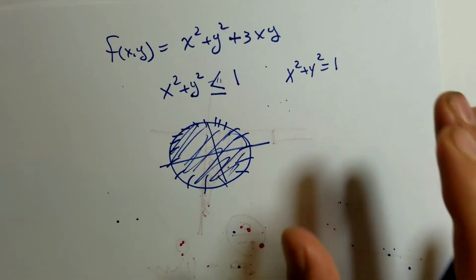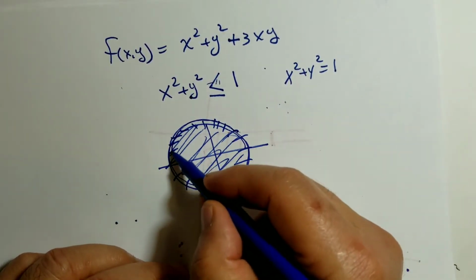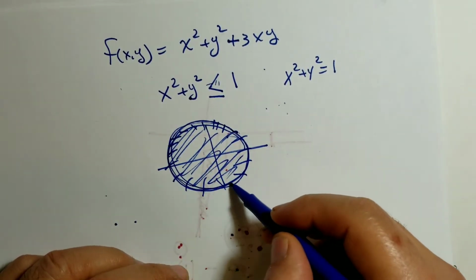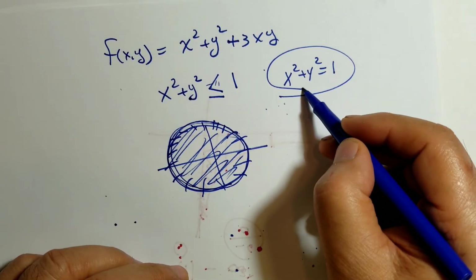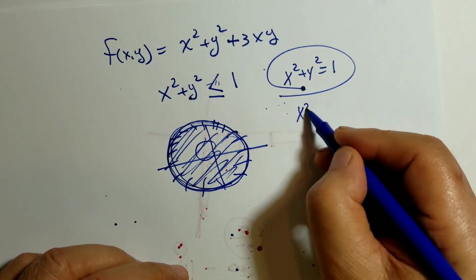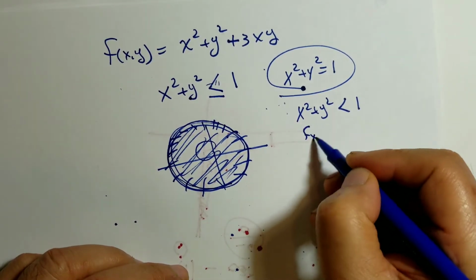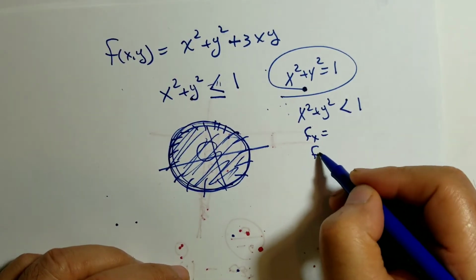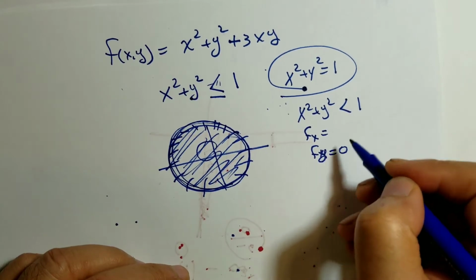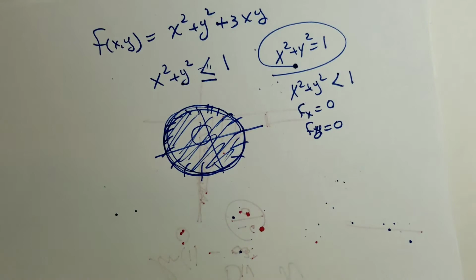Oh, how about if, for finding the numbers or the pairs on the boundary, I use Lagrange. And for the one inside, I use the other method we learned, that takes the partial derivative with respect to x and partial derivative with respect to y and simultaneously makes them equal to 0. Therefore, I have to break that problem into two problems.